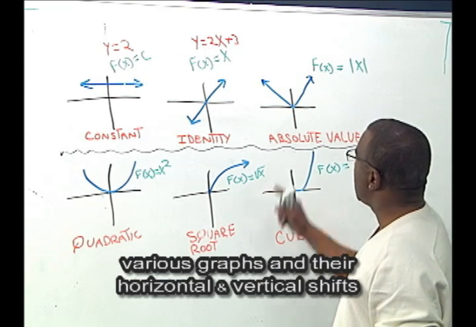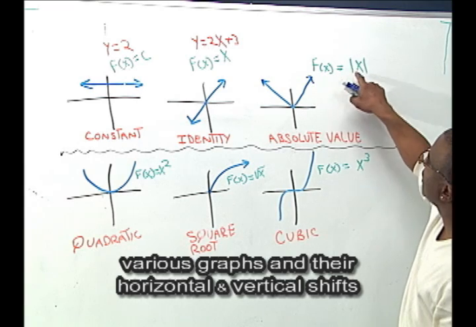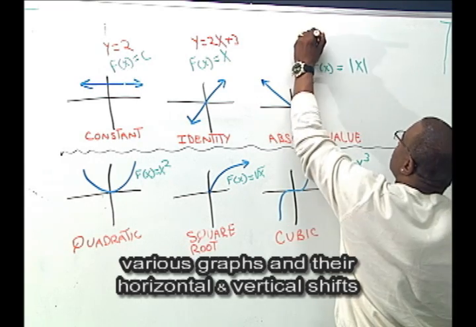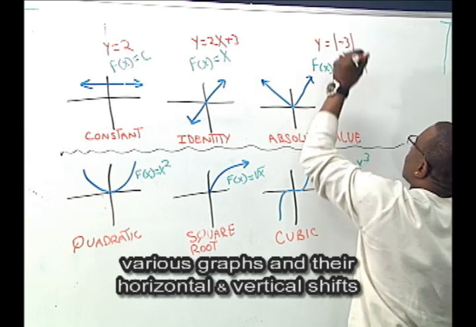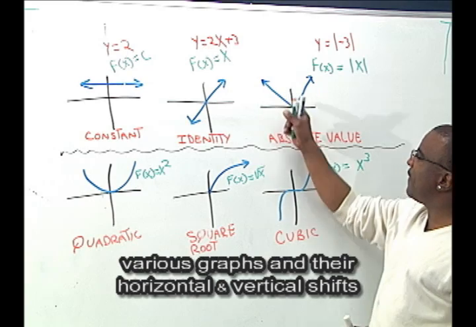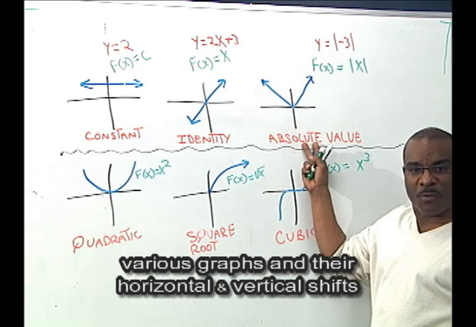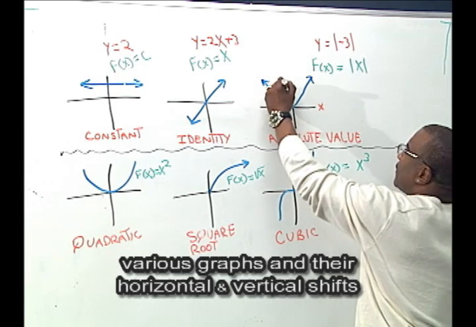This function is the absolute value function. If you notice, y is always equal to the absolute value of x. So this looks like y equals, for example, the absolute value of negative 3, whatever x is. If you notice, this never goes below the x-axis. Remember, this is x and this is y.